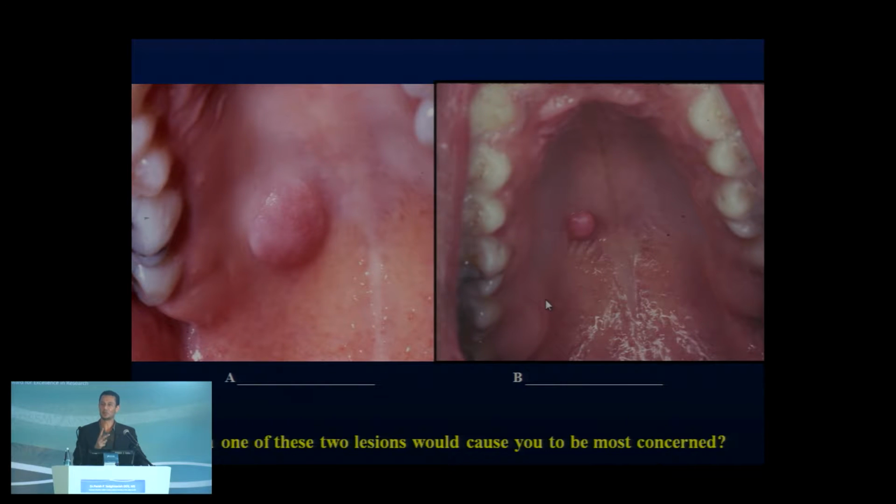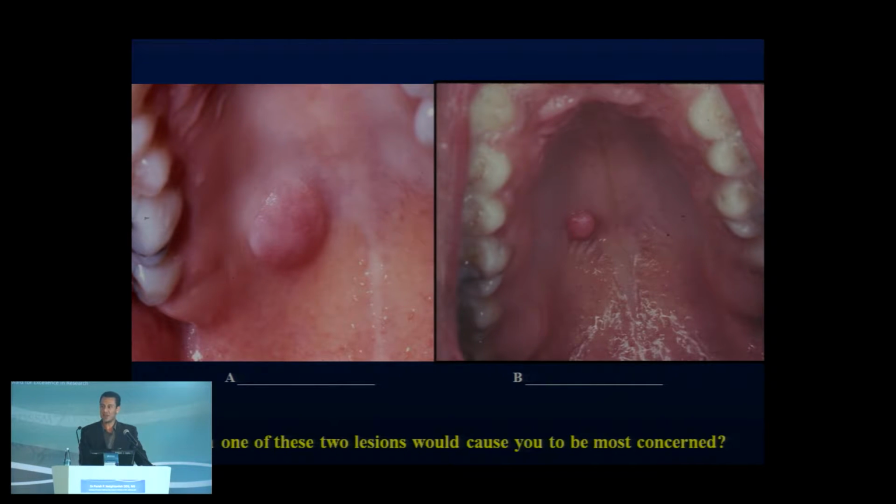Two more lesions, similar location. All right. Which of these would you be more concerned about? The one on the left or the one on the right? And why? Okay. I look at them and they look relatively similar, two kind of nodules, right, on the palate, but one is larger than the other.